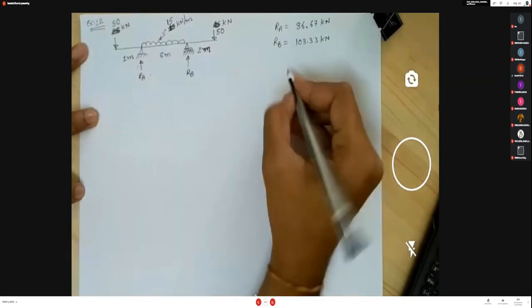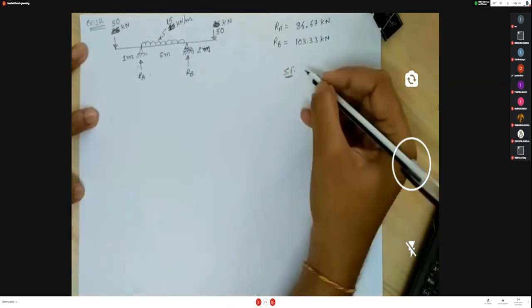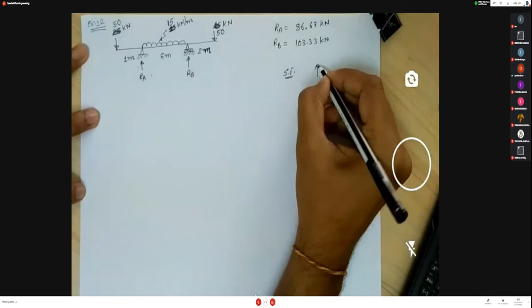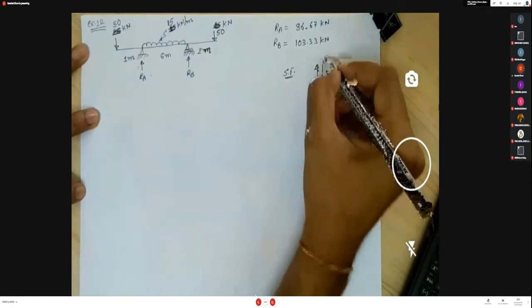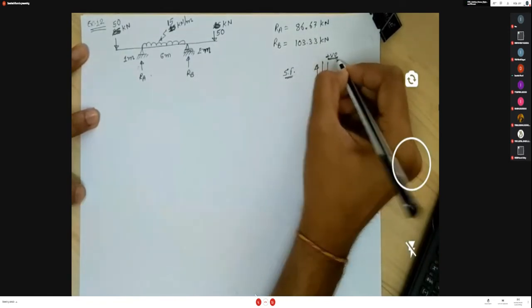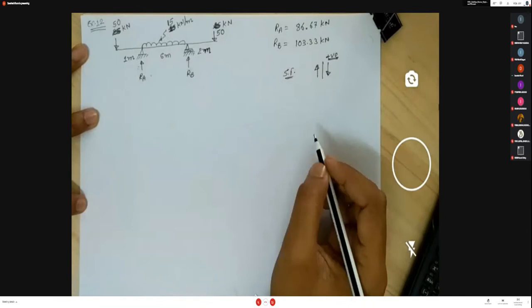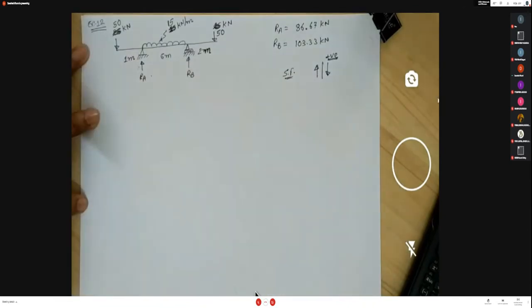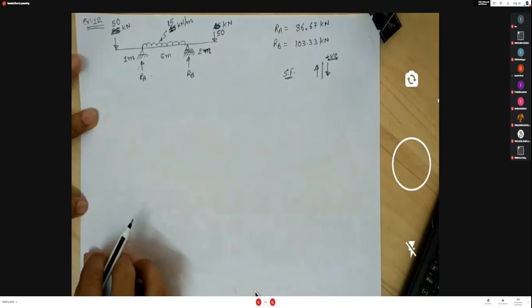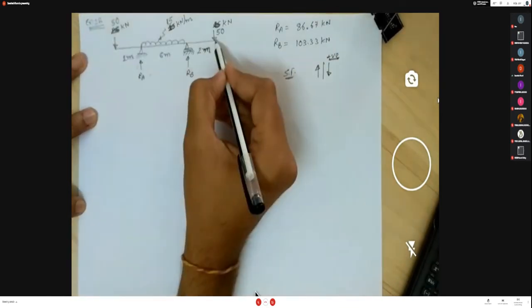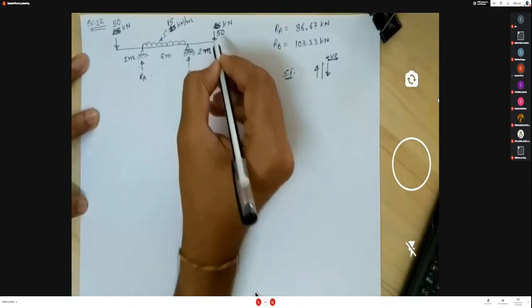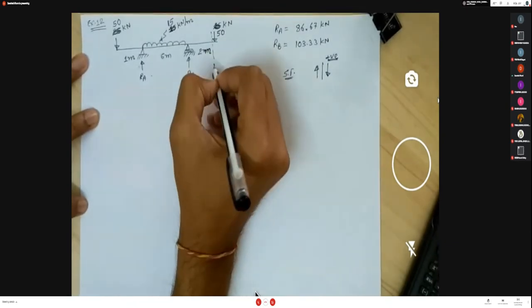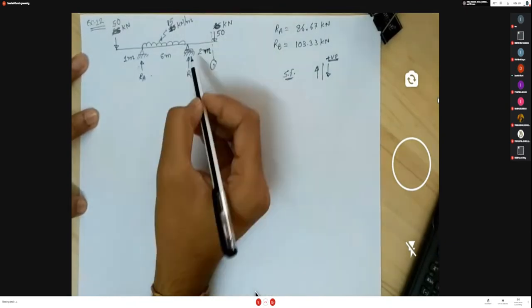Now calculate the shear force. So the sign convention is this: on the left hand side upward, on the right hand side downward is positive. So consider the different sections. So just left of this point is section 1.